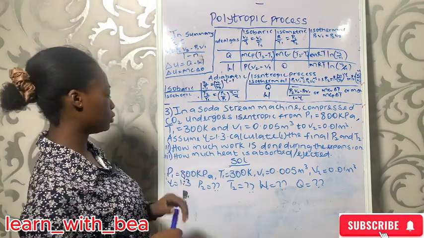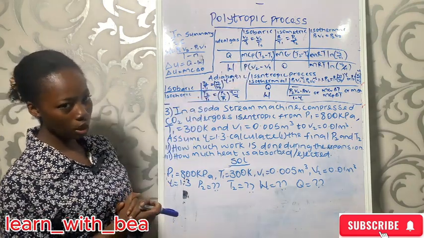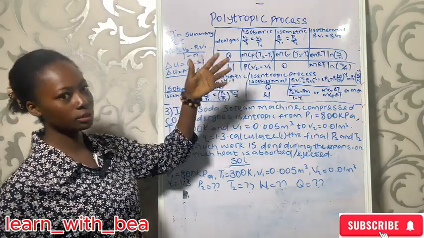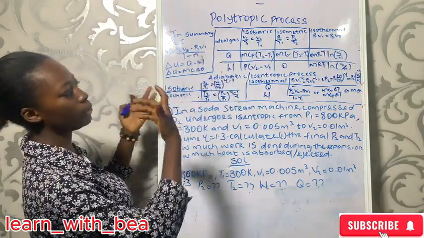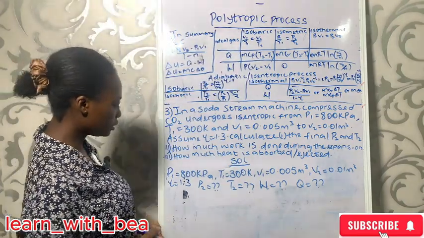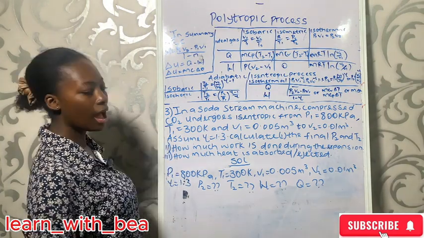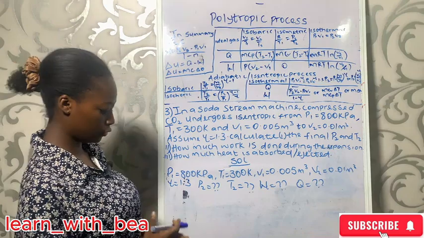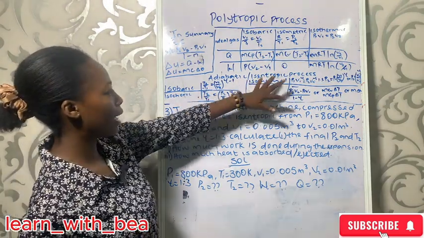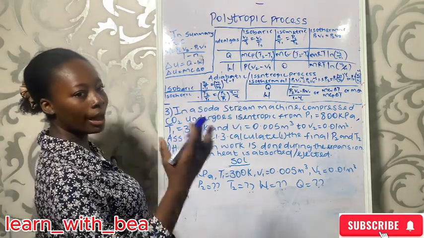Now please, you should know all these formulas off head, because you won't be allowed to write them out like this, but I wrote it like that so that you can get familiar with it. So now, since what you want is the pressure and the volume, and you have two knowns of volume and one known of pressure, let's check under our isentropic process which of them has pressure and volume.